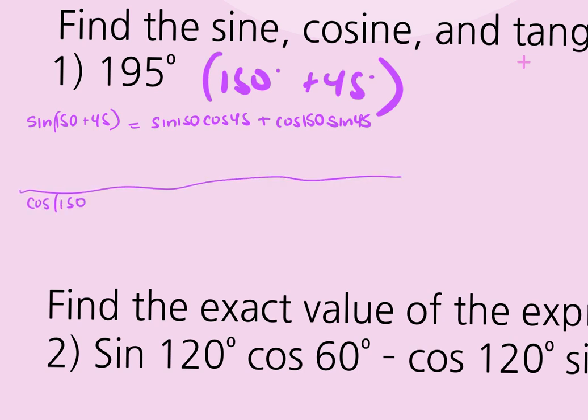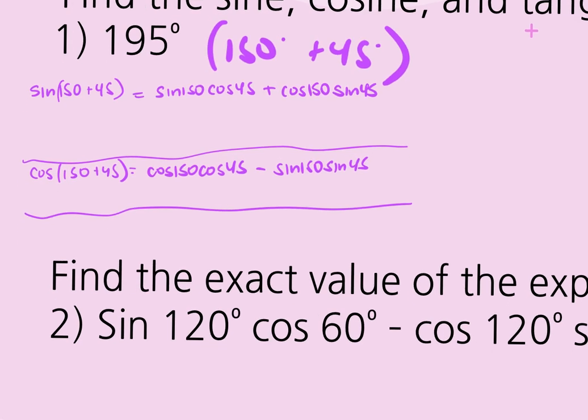Cosine 150 plus 45. And the pattern for cosine is cosine, cosine, sine, sine, flip the sign. So cosine 150, cosine 45, minus sine 150, sine 45. And then the tangent.